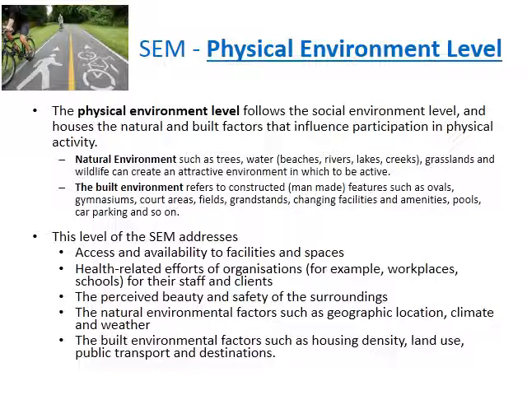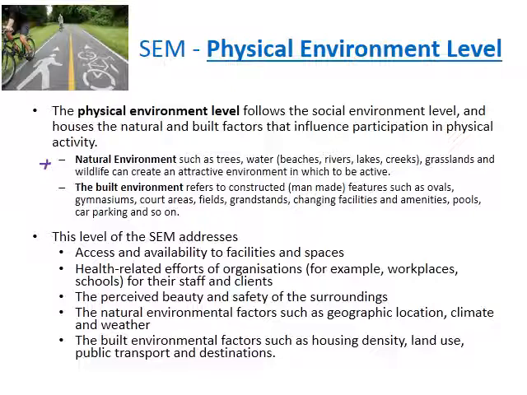So when we're looking at the physical environment, we're breaking it into two sections. We have our natural environment, which has an influence, and that's things like trees, water, beaches, grass, wildlife. It's a bit like aesthetics. A more attractive environment will attract people to that environment to be active.